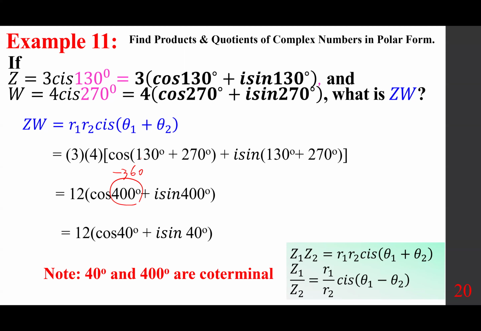Now, of course, if they want you to continue, this is not a common angle. You can put it into a calculator to find what is cosine of 40, what is sine of 40, if you want to go to rectangular form, okay? Standard form or rectangular.